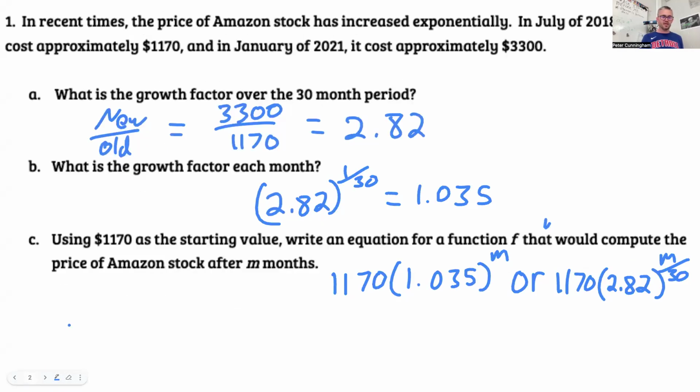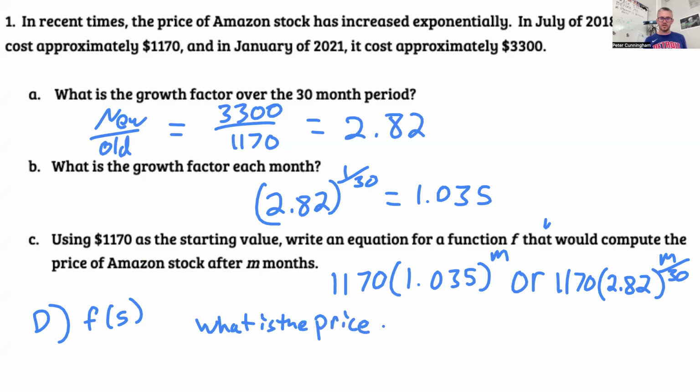Just realizing that letter D is not on my review from last year. It is on yours. Letter D, where it asks what does f of 5 mean? Okay, it means what is the price of the stock after 5 months.